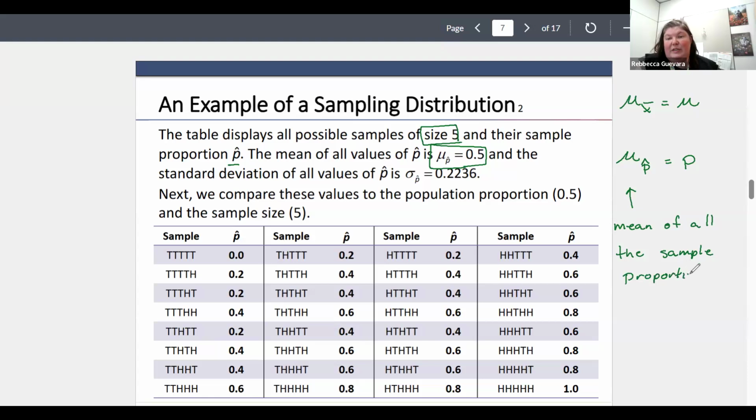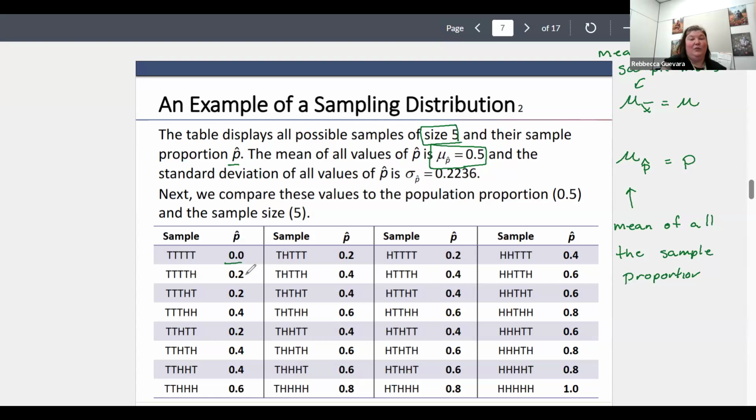So before, this was a mean of all my sample means. Like I said, we can have a situation where everything is going to be tails. We have no heads, so the proportion of heads is 0.